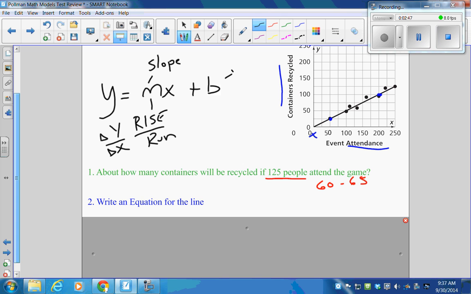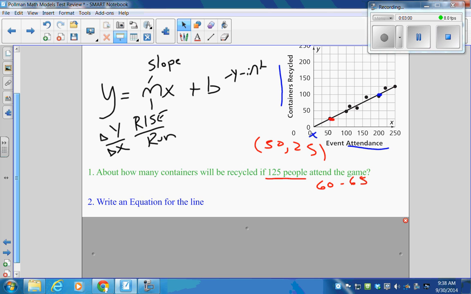And b is my y-intercept. So if I take these 2 points, this point is at over 50, that one right there, up 25. And my second point, I'll put in green, right there, is over 200 and up 100.